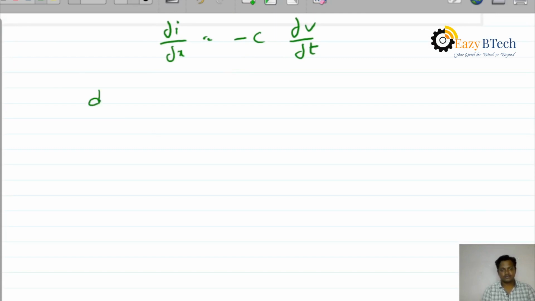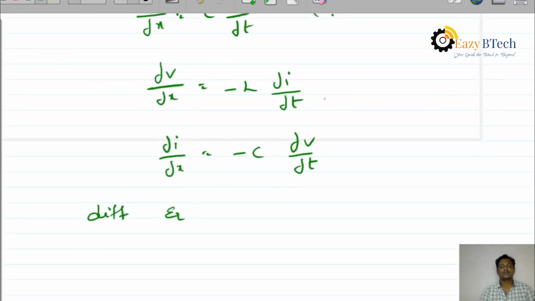I'm taking the equations here. This is equation 5, this is equation 6.